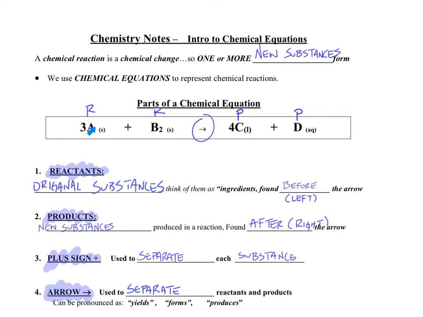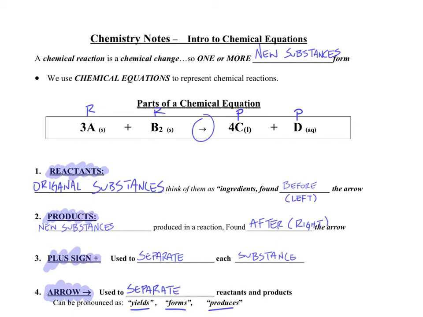So when I combine A and B, I'm producing C and D. Think of this as when I add these two together, I equal these two things. Now we don't refer to it as equal. We might say yields, or forms, or produces.